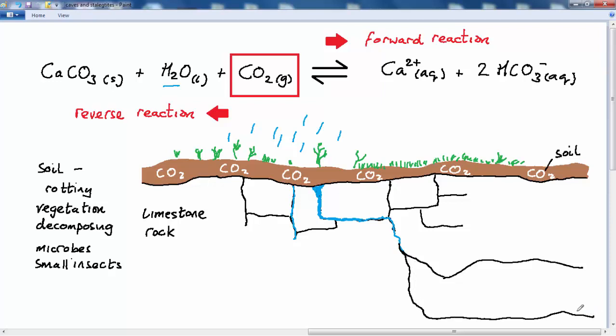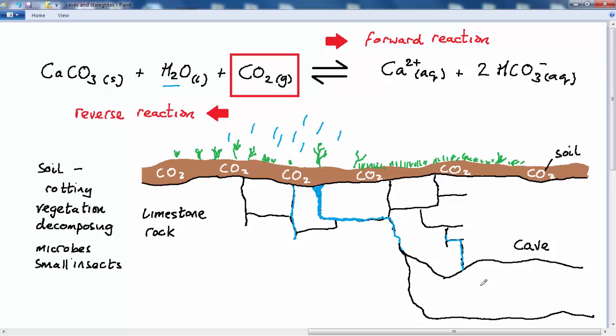We're not really going into that in too much detail here, but you get some sort of cave system forming here. Now what happens in the cave is different to what's happening at the surface, where the rock is near the soil, where the concentration of carbon dioxide is much higher and the forward reaction is favoured. But when it reaches the cave, you'll note that in caves plants can't grow, there's no vegetation because there's no light. No photosynthesis can take place.